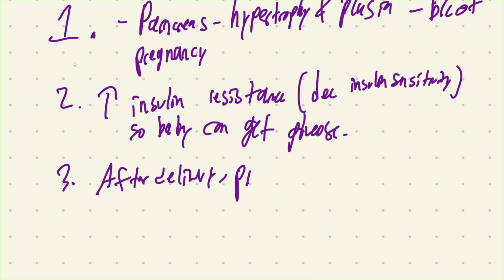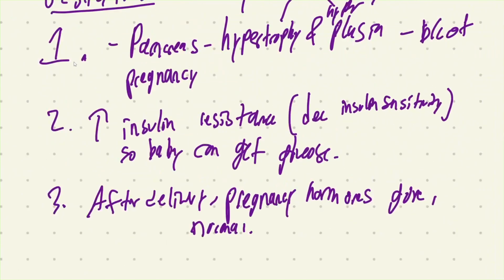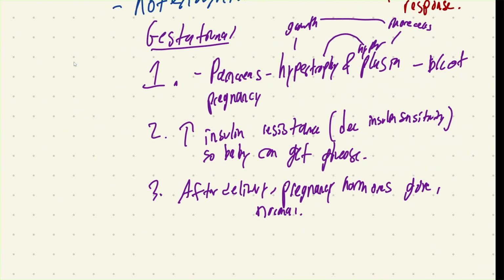Then step 3 is after delivery, pregnancy hormones are gone, which means everything turns back to normal. However, within gestational diabetes, this step does not happen.